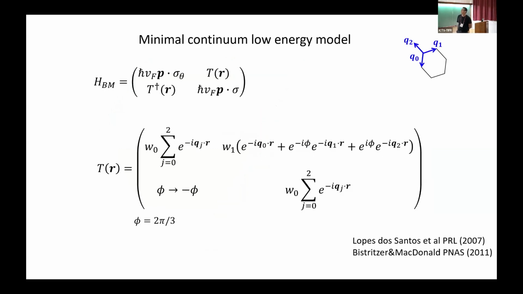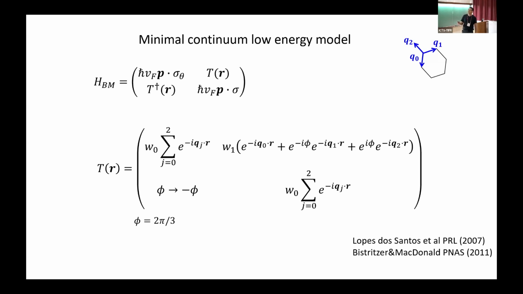Now, we can do better than just cartoons. This is a back of the envelope argument. The minimal continuum model that is used in studying twisted bilayer graphene is written out here. Let me walk you through various terms. This also often goes by the title Bistritzer-MacDonald model.